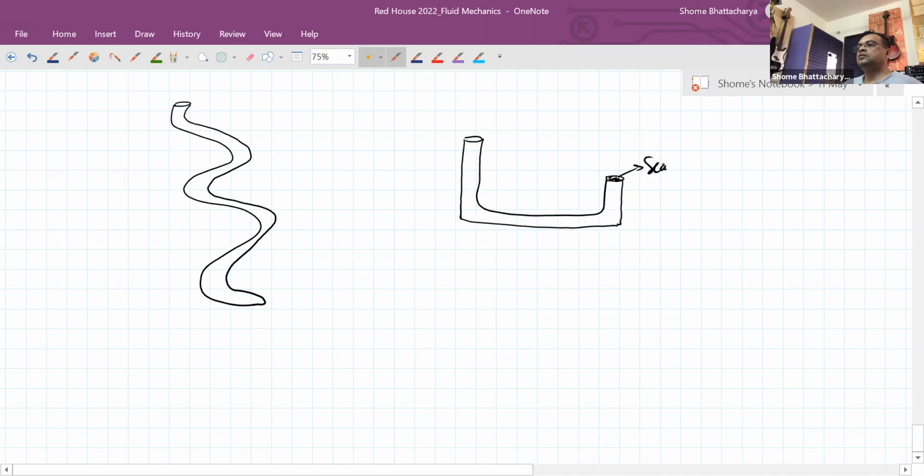And this is sealed, but this is open. And these are filled with some liquid. So for example, in this one, if we consider this as the point A, this has some point B, this has some point C, then the values of pressures will just depend on these heights.